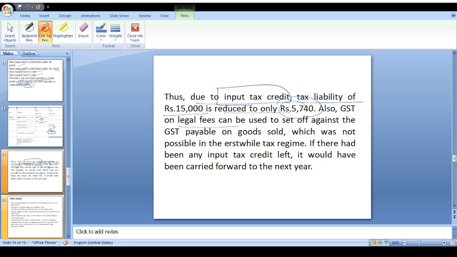GST on legal fees can be used to set off against GST which is payable on goods sold, which was not possible in the erstwhile tax regime. If there had been any input tax credit left, it would have been carried forward to the next year.